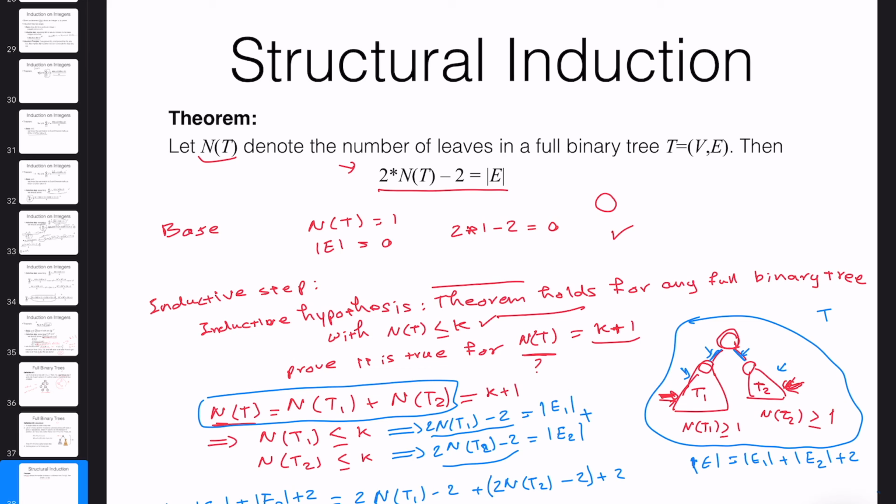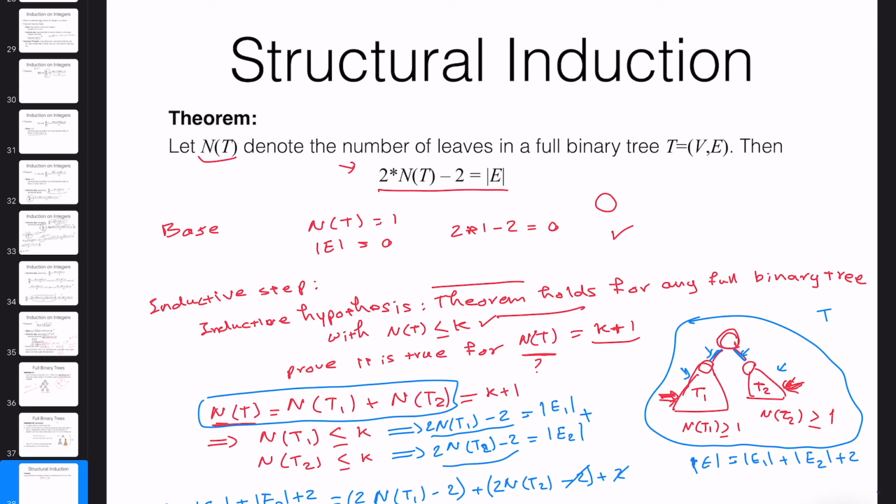So this part, this part, this part, this part. If you just add all of these up, you would get 2 multiplied by the number of leaf nodes in T1 plus the number of leaf nodes in T2. This minus 2 will be removed by this plus 2.